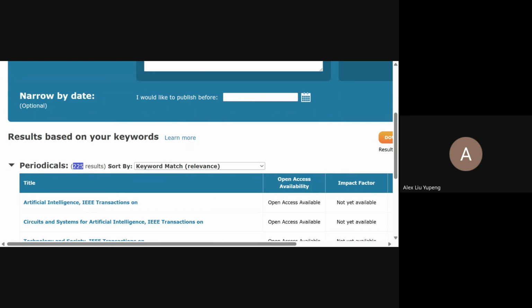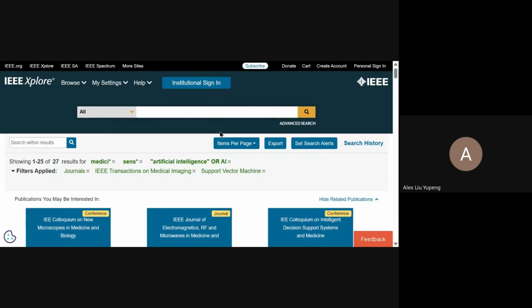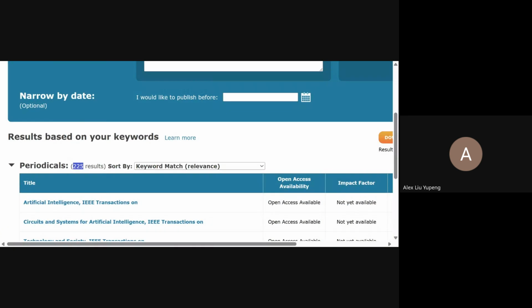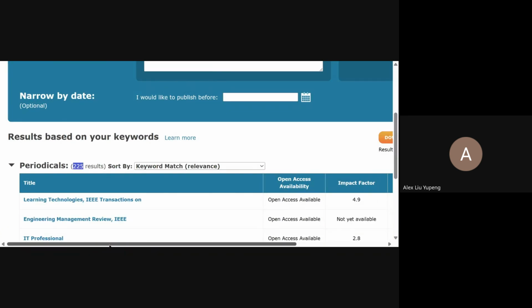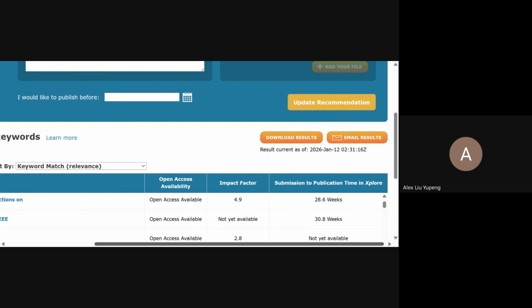So which one? It still goes back to your choice, isn't it? So that's why if you are looking for journals to publish, I would recommend you to do what we have done earlier, using the searching and the reading. This will give you a sense of the level, the quality, and the scope of the journal, rather than using this publication recommender. Because the number of recommendations is too many, because AI is such a broad topic.